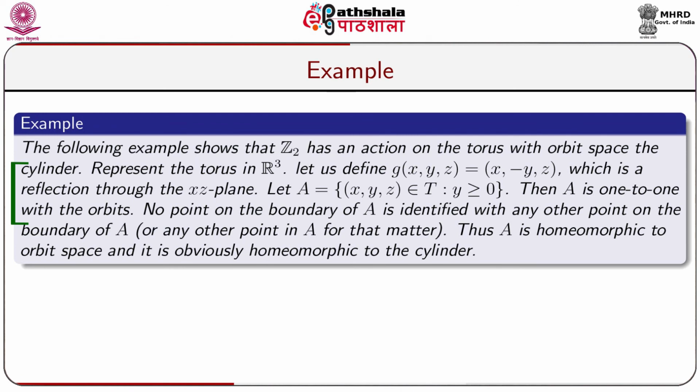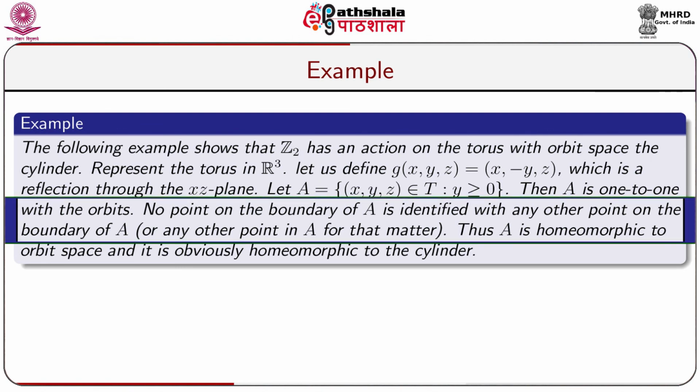In fact, this mapping gives a reflection through the xz plane. Now consider the set A equal to all (x, y, z) belonging to the torus T such that y is positive. Then A is in one-one correspondence with the orbits.